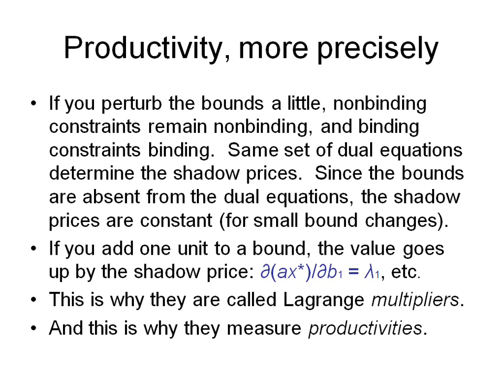So you can use those Lagrangian multipliers directly to measure productivity. So let us be a bit more precise. I've done that at the end of yesterday's lecture. We're going to use the main theorem of linear programming, which states that the value of the objective function ax star, where x star is the optimal x, the column vector of variables, and a is a row vector of objective function coefficients, is equal to lambda times B, where B is the column vector of bounds and lambda is the row vector of Lagrange multipliers.